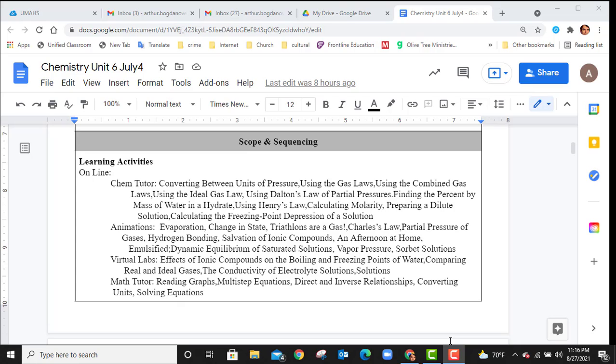And just like they have a chemistry tutor, they have a math tutor with some basic skills that are important in chemistry. Graphs, how to read graphs, how to solve equations, and then direct and inverse relationships, like volume and pressure would be inverse to each other, for example.